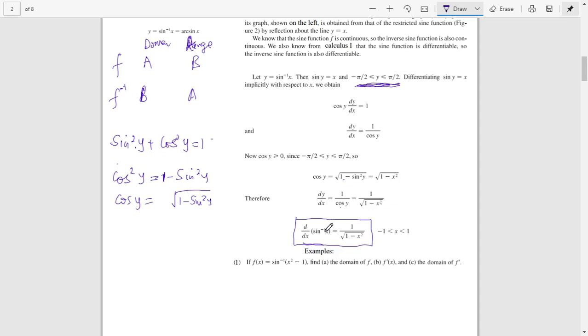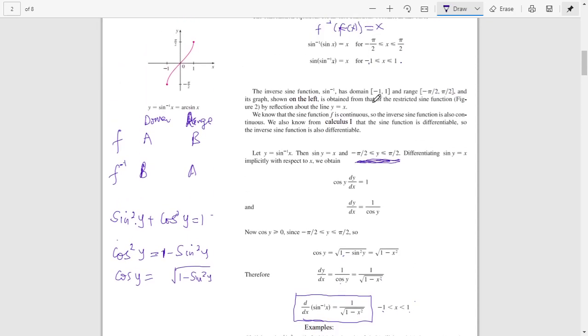Here, the domain of this derivative doesn't include -1 and 1, because if we let x be -1 or 1, the denominator is going to be 0 and the function will be undefined. That's why the domain is restricted not to include the endpoints -1 and 1, unlike the domain of sine inverse, which included -1 and 1.